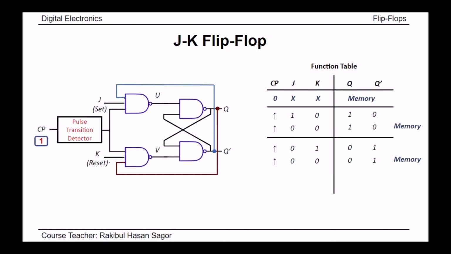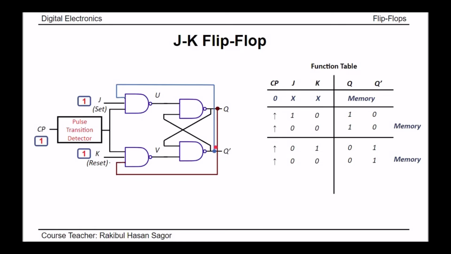Let's see the operation. We are giving J equal to 1 and K equal to 1. As we have J equal to 1 and K equal to 1, clock pulse is equal to 1. So this output U and V depends on the feedback from Q prime and Q. Feedback will come from the previous value of Q and Q prime.